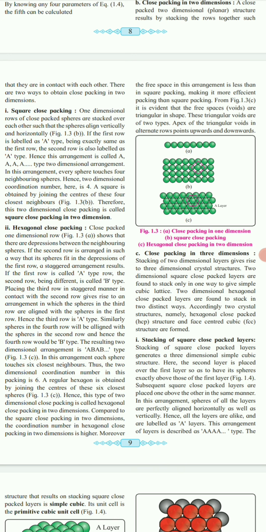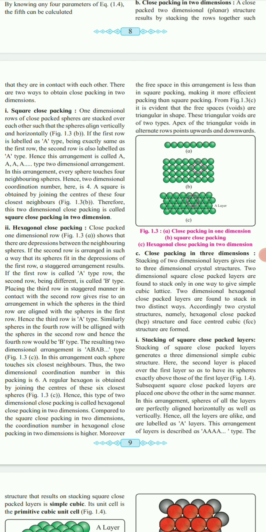Hence, the third row is A type. Similarly, spheres in the fourth row will be aligned with the spheres in the second row, and hence the fourth row would be B type. The resulting 2 dimensional arrangement is AB type. Refer figure 1.3b.